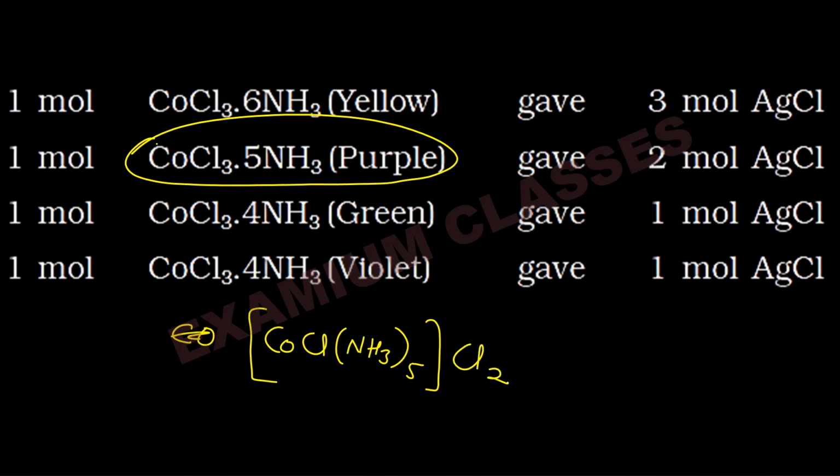So it is an ionic compound. He said that actually this is the whole cation and this Cl2 is the anion. Instead of a structure like this, he said this is the structure. Those ions or neutral molecules which are attached to the central metal atom, cobalt being the central metal atom here, are non-ionizable.